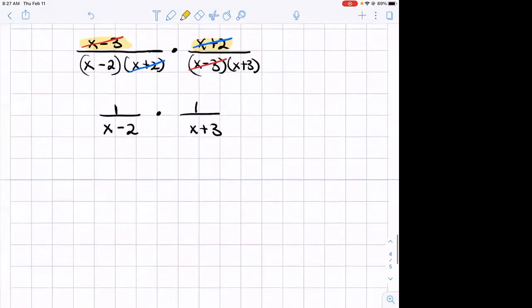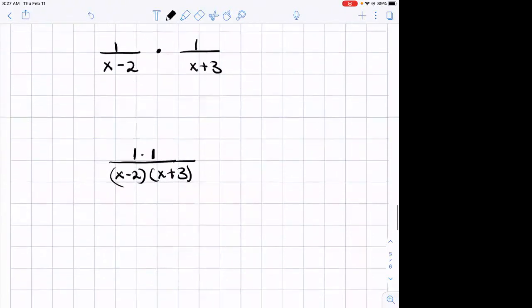And now if you multiply, you have 1 times 1 over x minus 2 times x plus 3. But 1 times 1 is the same as 1. So 1 over x minus 2 times x plus 3 is our final answer.